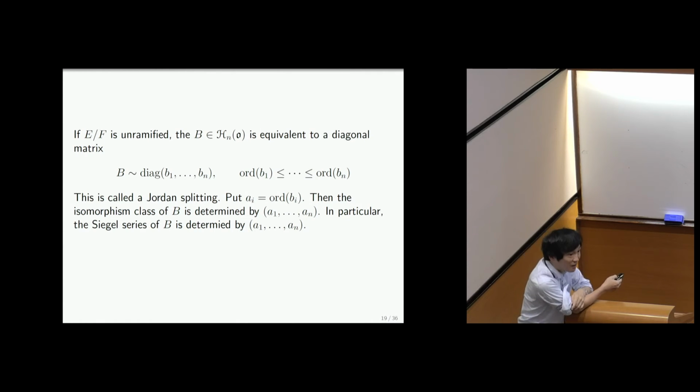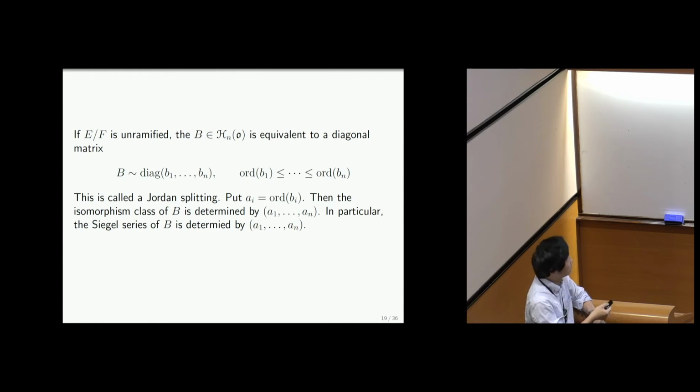So, yeah? In this case, don't you need... Yeah. You can define the signature xi(B). You cannot define a Clifford invariant for a Hermitian matrix. So you just need the signature.